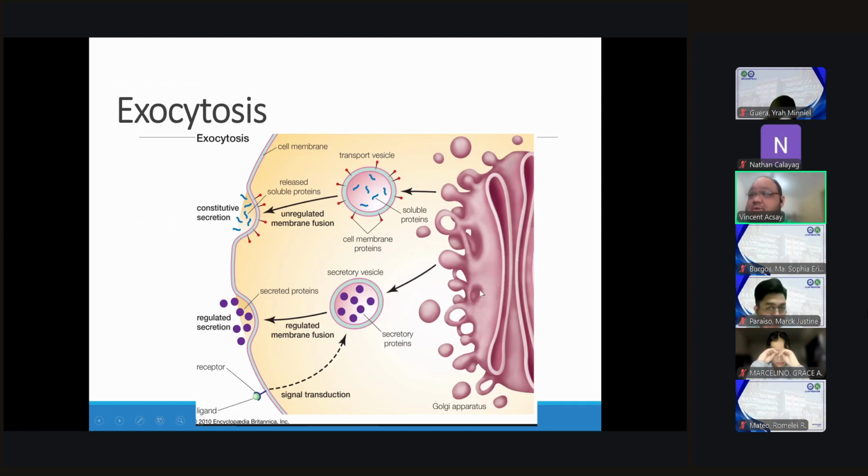This is a form of exocytosis done by pancreatic beta islet cells that release secretory vesicles full of insulin. The membrane binds with the plasma membrane, and then the insulin inside is released outward.